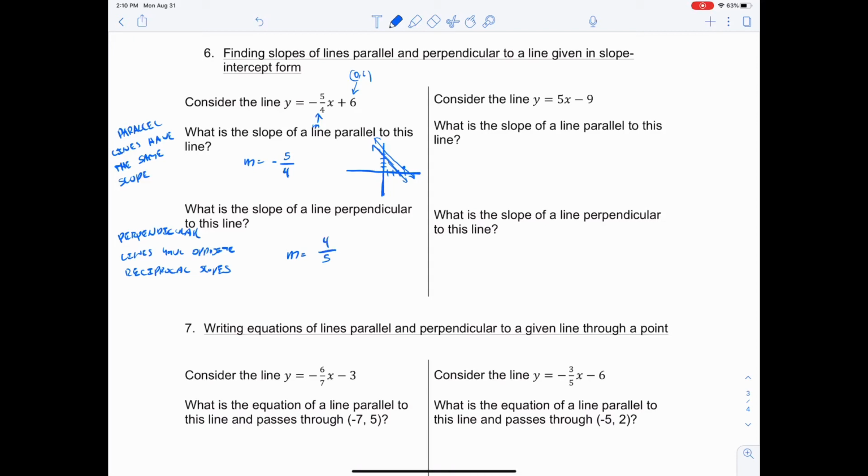And what that would do, if we had to draw this, is before we had a slope of negative 5/4, but what would happen is if you flipped it and then you crossed it, it would create a 90-degree angle. So say we did this, and then we flipped it, just say theoretically.